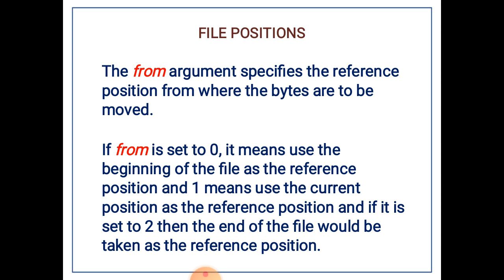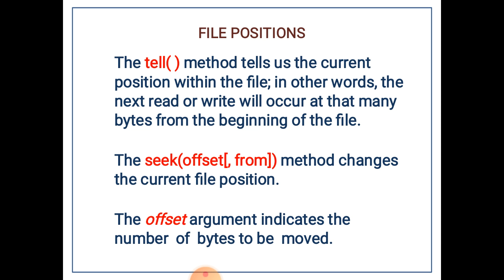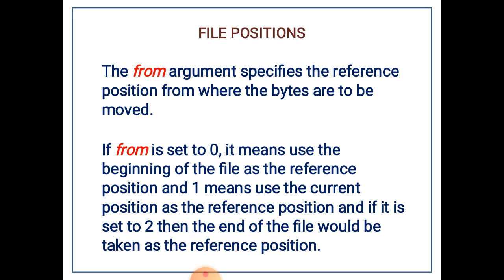So remember, let us take an example. If offset indicates 10 bytes to be moved, then from indicates from where those 10 bytes are to be moved. If from is set to 0, it means to use the beginning of the file as the reference position.